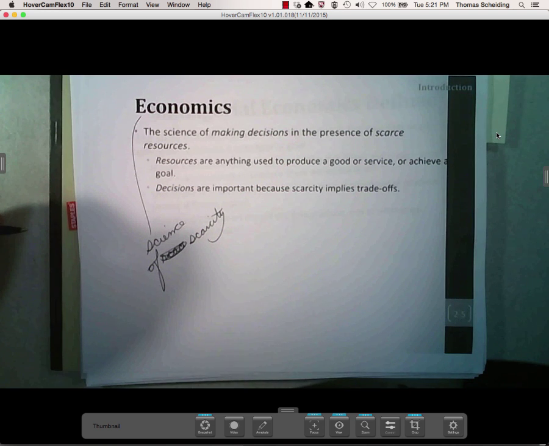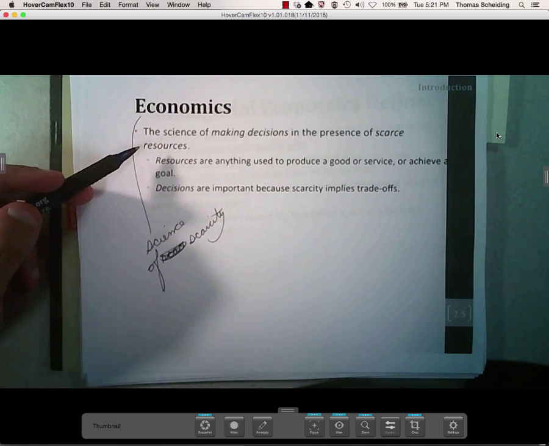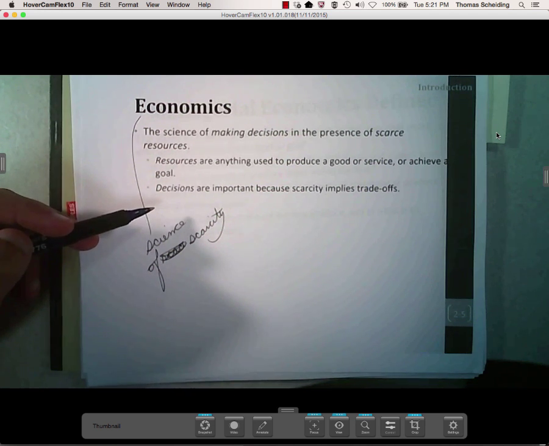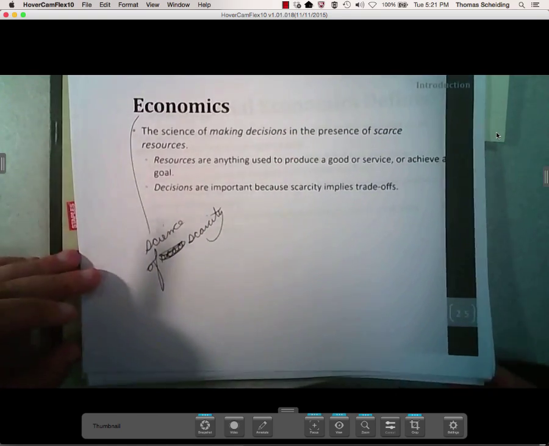We're basically understanding the entire world as one where there's only a limited amount of resources to fulfill unlimited wants and needs. How do I rationalize that trade-off being made? How do I rationalize how many workers I hire? How do I rationalize what kind of inputs I'll use? All that's going to come from economics.